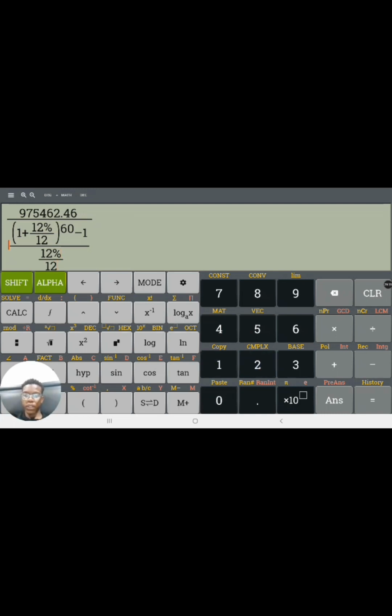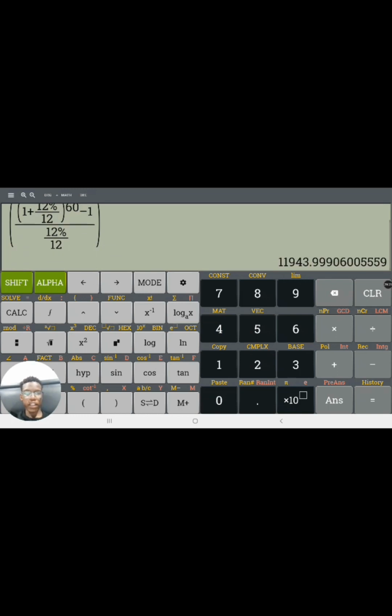Okay, I'm just going to put this in brackets for my comfort, so that entire thing at the bottom there. Let me just double check that I didn't punch in anything wrong. It doesn't look like I did, and I get an answer of 11,943 rands. Let's say 11,944.